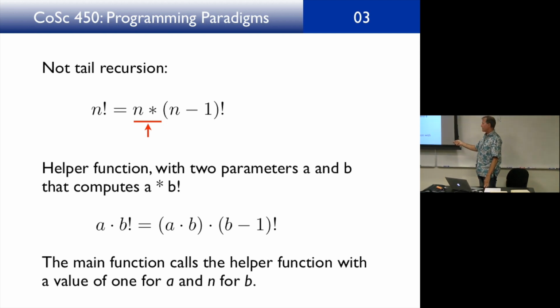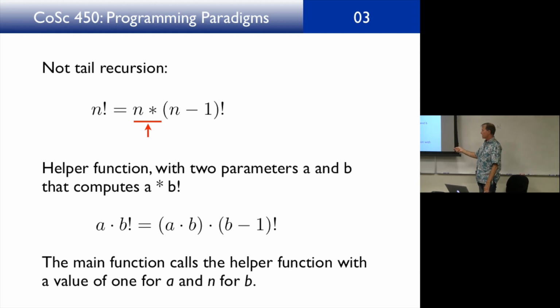Now, what's going to be the base case for this? Yeah, if b equals 1, let's look at this expression. If b equals 1, then what is b minus 1? 0. And what's 0 factorial? 1. And then what's a times 1?